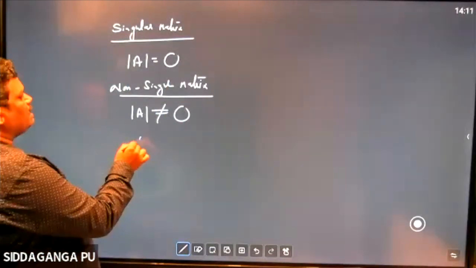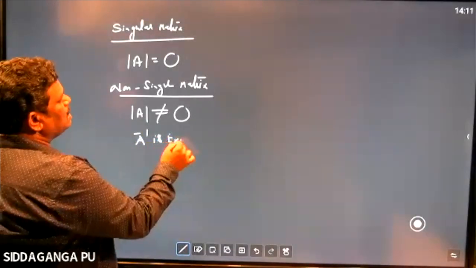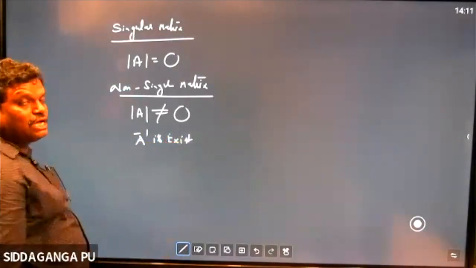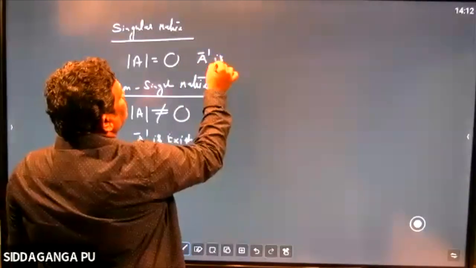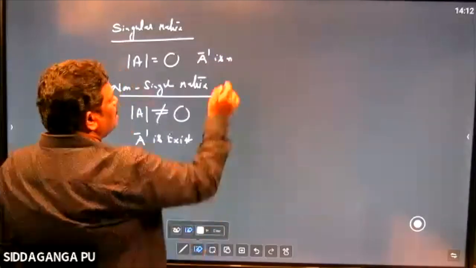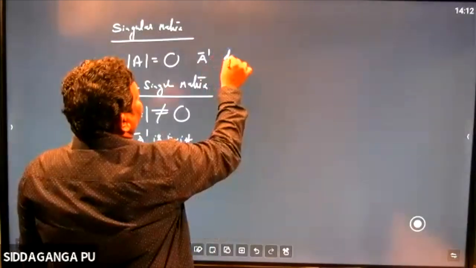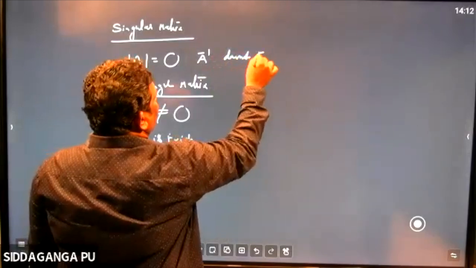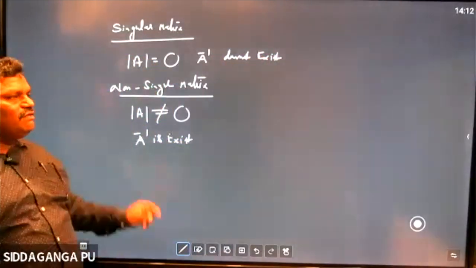When a non-singular matrix is given, only then does the inverse of the given matrix exist. Otherwise, A inverse does not exist.